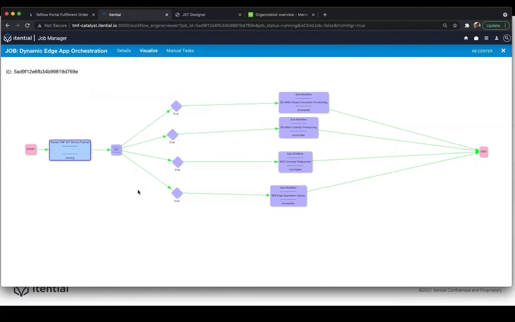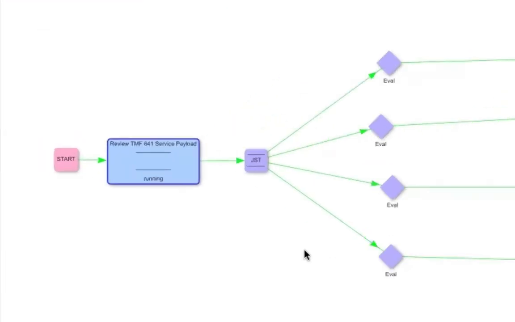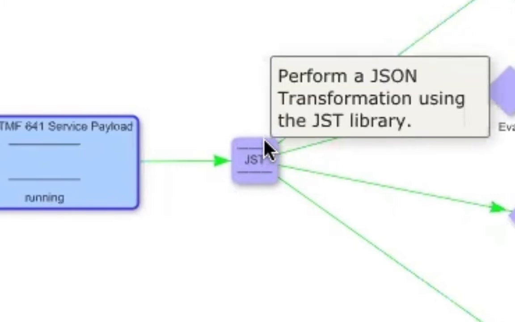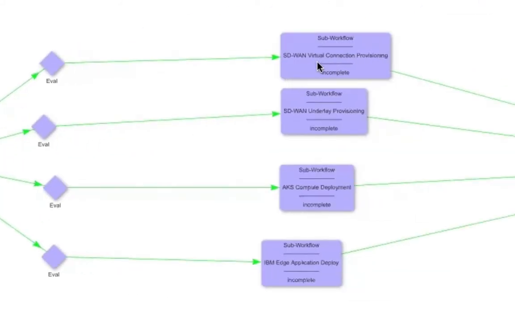As you can see, the first step within the automation is to review the payload coming in from Digit. Once the payload is actually accepted, it gets transformed via our transformation capability in order to dissect the actual service payload into some of the sub payloads that are required by the NFSs as seen on the right-hand side.